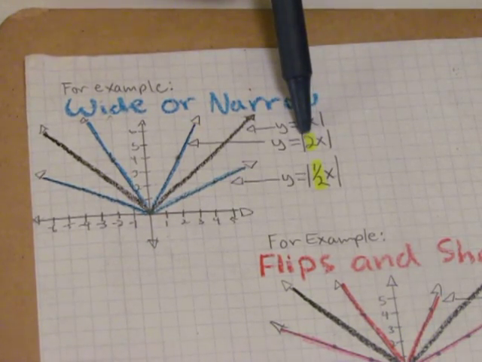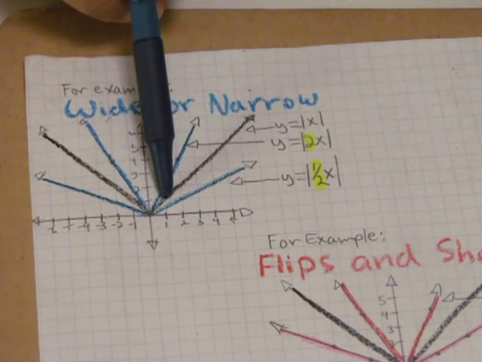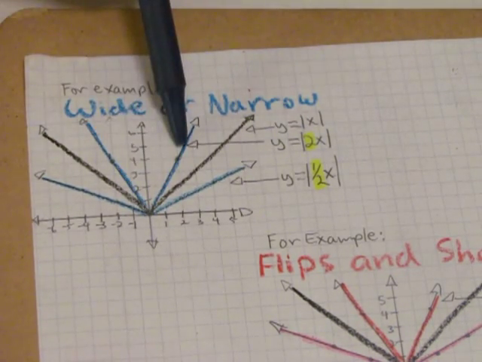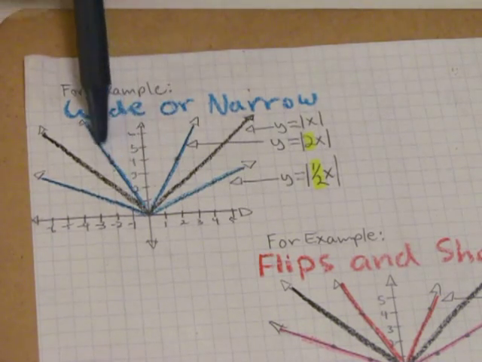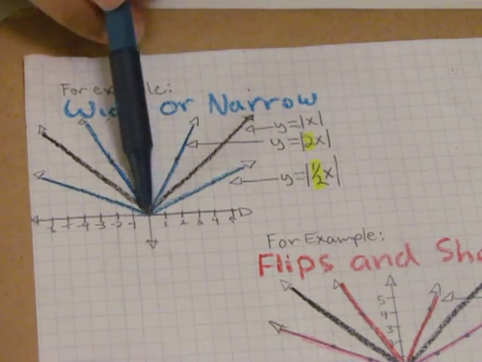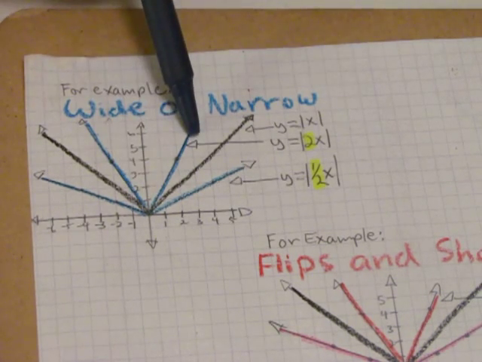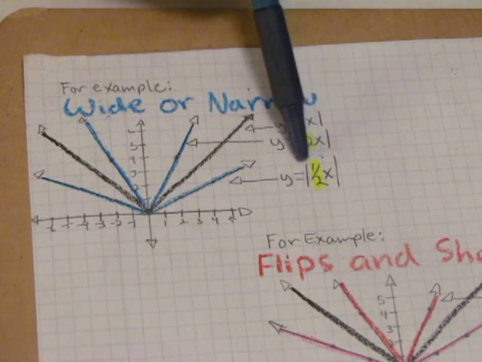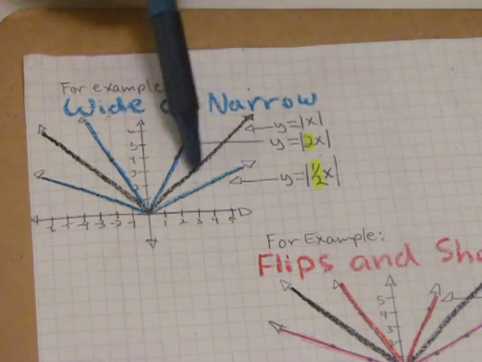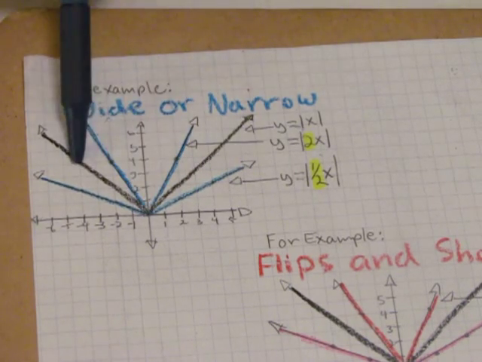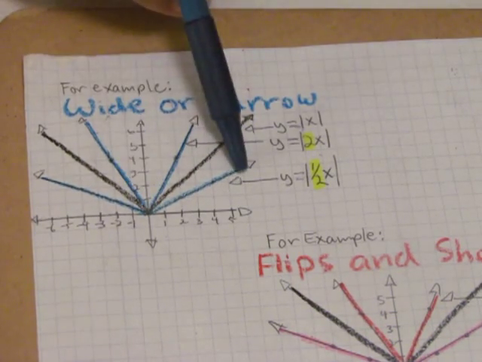So what that does is it narrows your absolute value. It makes the V-shape skinnier. The next one is if we were to do something less than 1. This was more than 1. Less than 1 is half. If this is the parent function, it actually makes the V-shape wider.